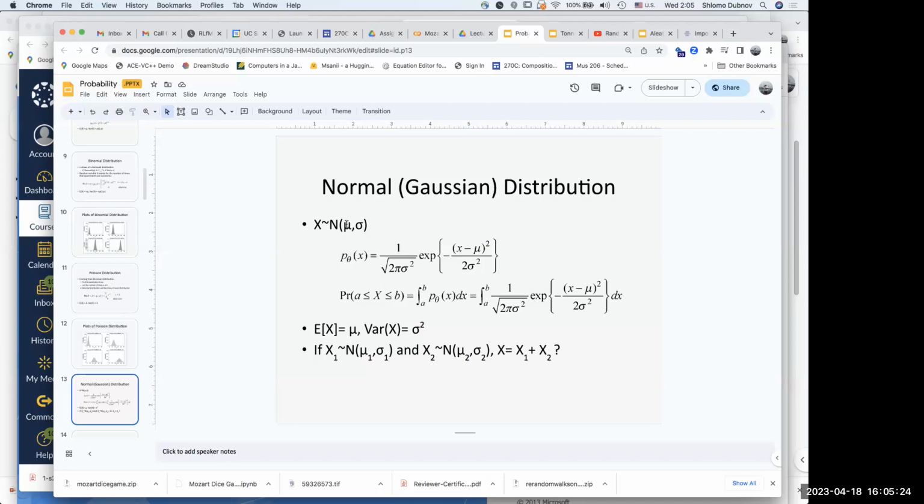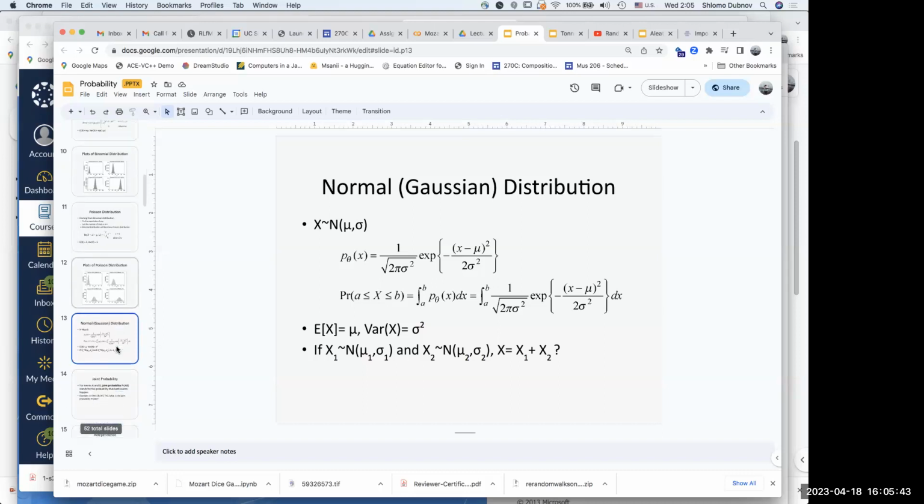So that'll be the center of gravity, that's the spread. And this is written out in mathematical terms. This exponent of (x minus mu) squared divided by 2 sigma squared, that's the bell-shaped curve that we see when we talk about Gaussian distributions.